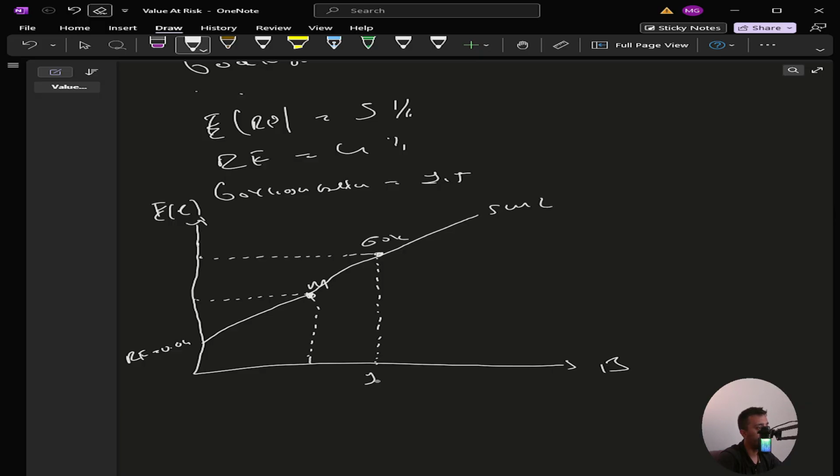Our Gökkaya beta is 1.5, and beta market is of course 1, and 0.09 and 0.115. This is the expected return of Gökkaya, and this is the expected return of the market.